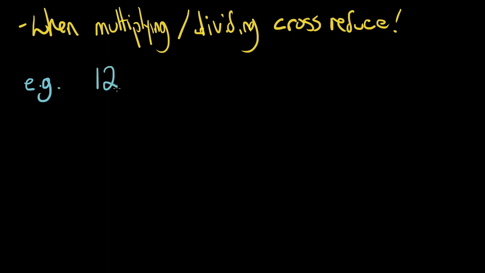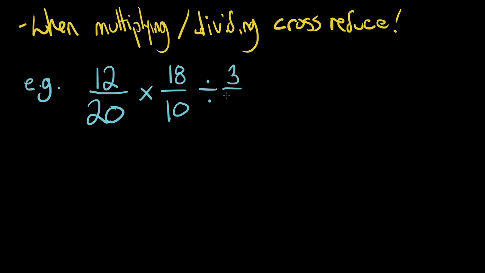Let's say you had 12 over 20 times 18 over 10, and you divided it by, I don't know, 3/4. That sounds exciting. So a couple things. First off, keep, change, flip. So it really matters about this part here. We're going to change this.